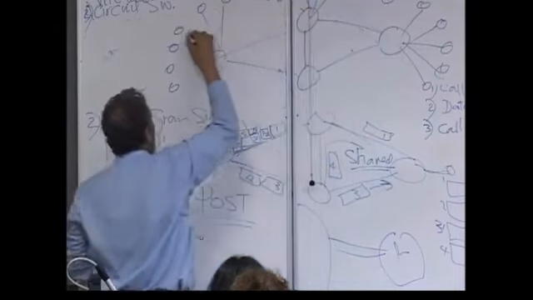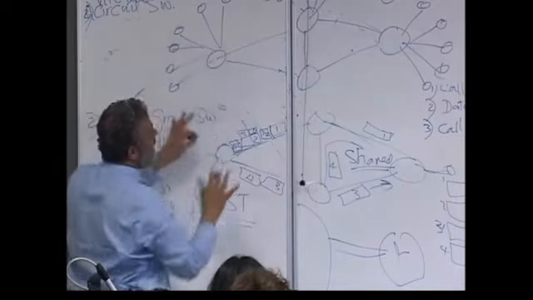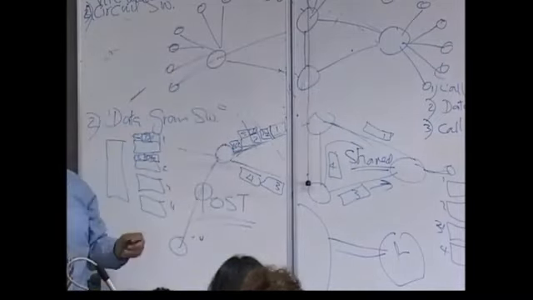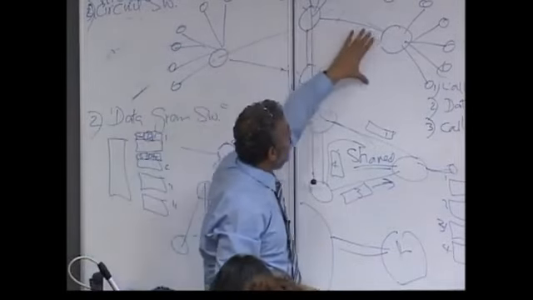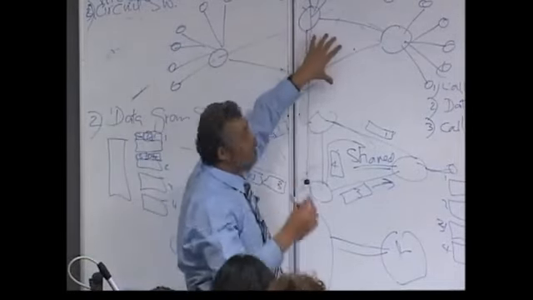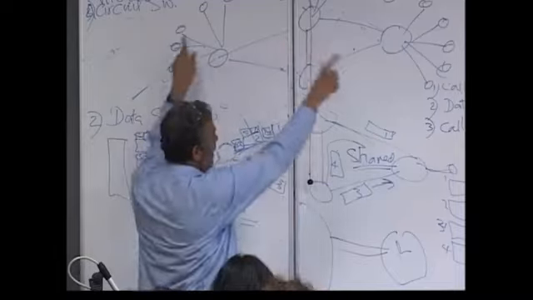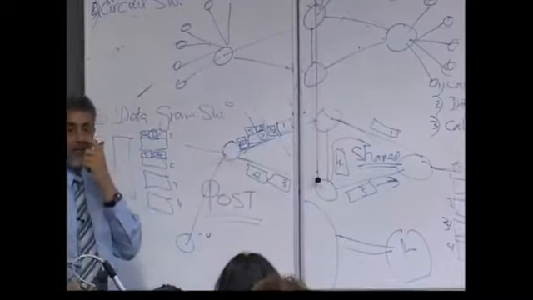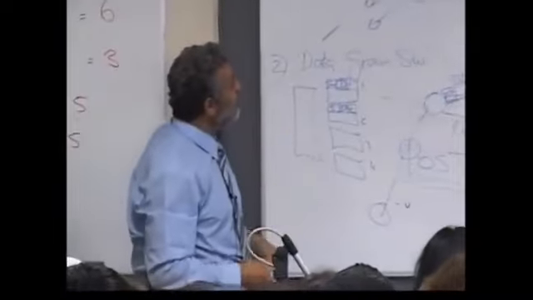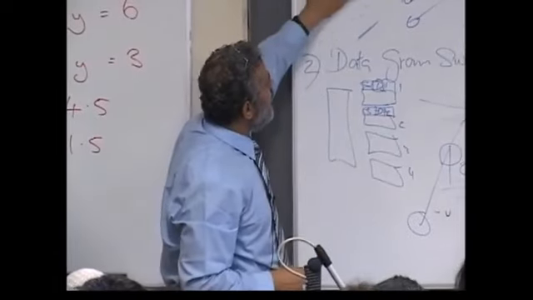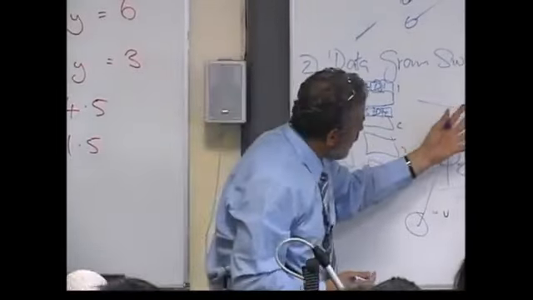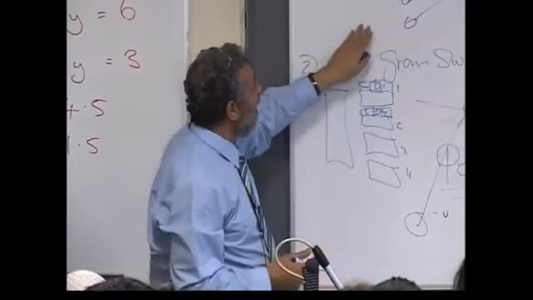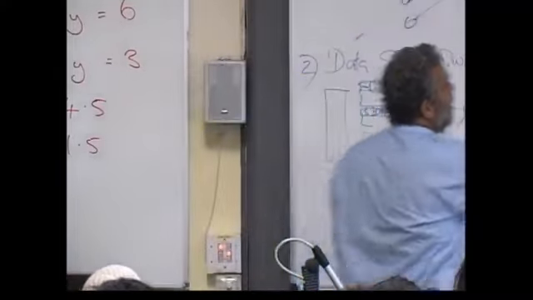So these are always kind of the users on the outside. Whenever we draw a network in any of our textbooks, we'll have the subnetwork or the main part of the network or the infrastructure of the network in the center, and around it are the users or clients of the network. So the virtual circuit switching technique, the way it works, is quite close to this one, but they say you must first do a call setup.